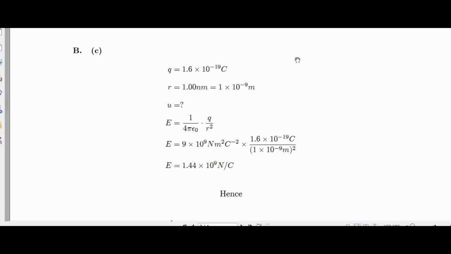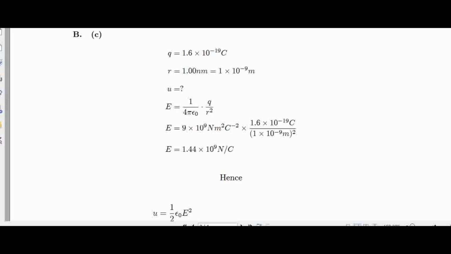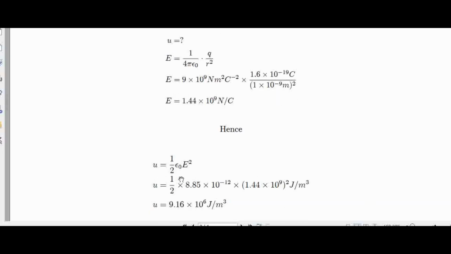Now the electric field strength has increased because the distance has decreased. Therefore, the energy density has to increase, equal to 1 over 2 epsilon naught E square. We plug in this value in the formula, and we get the energy density at a distance of 1 nanometer as 9.16 × 10⁶ joule per meter cube.